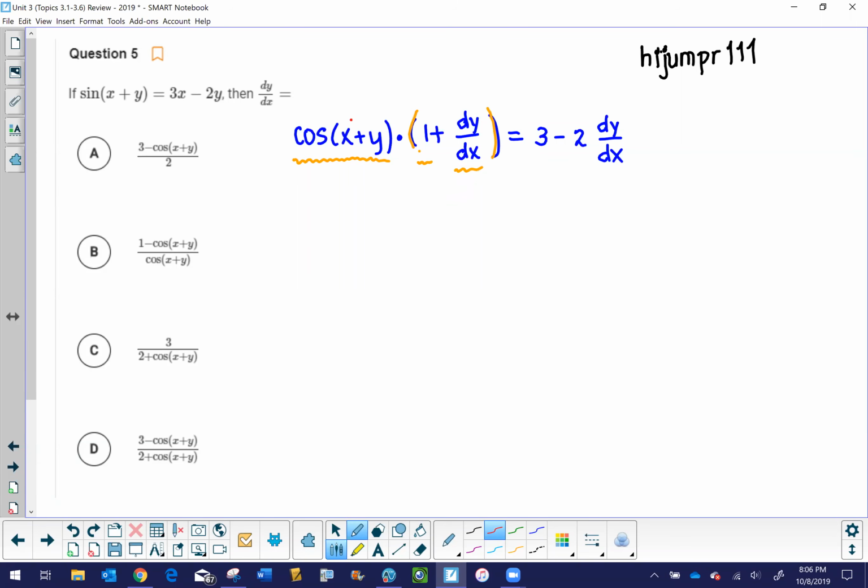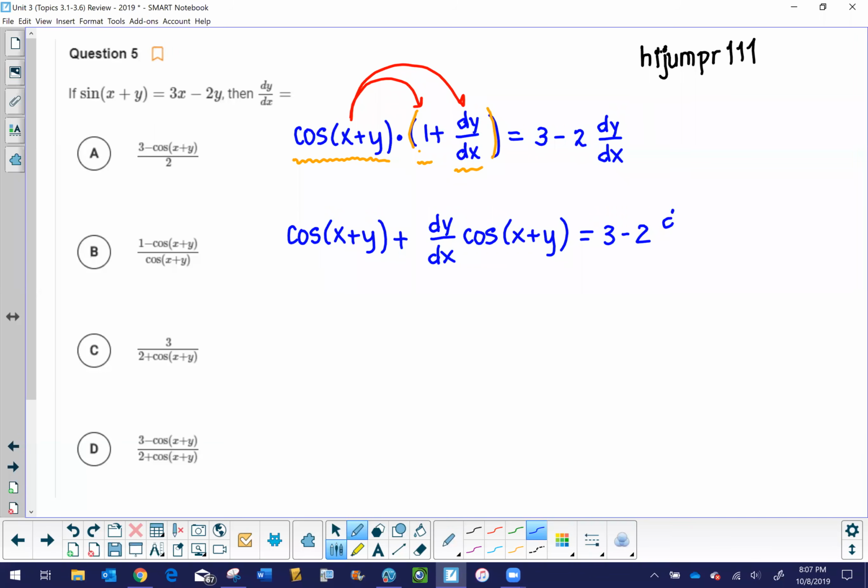We need to multiply this one term that's outside by both of those terms. That's what will bust up those orange parentheses. So if we do that, cosine of x plus y times 1, it's pretty self-explanatory, plus, and then the dy over dx multiplies by cosine of x plus y, just like that. And then the right side is sitting and waiting patiently.